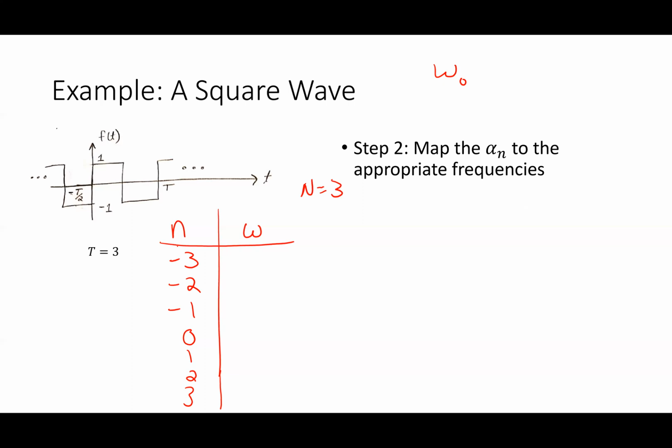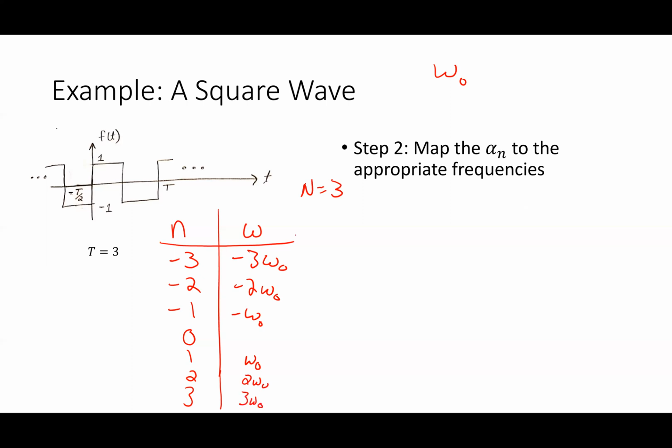It would be -3 times omega naught. This guy would be -2 omega naught. I like keeping it general. So this is negative omega naught. This is omega naught. This is 2 omega naught. And this is 3 omega naught.